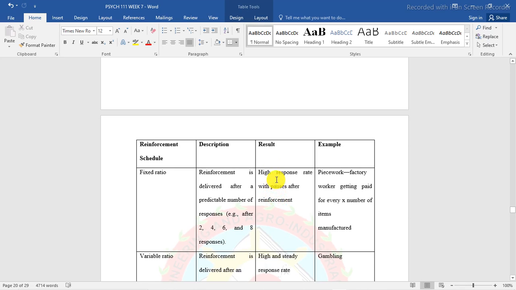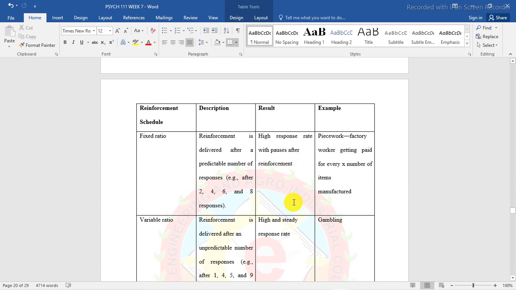After response na yan. Result, high response pa rin with pauses after reinforcement. Example, piecework, factory worker getting paid for every X number items manufactured. Example, yung mga factory worker, pag nagawa silang watch, bibigyan sila kaagad ng incentive. Every nagawa nila, it's fixed ratio. Fixed yung ratio niya. Every number yung responses.